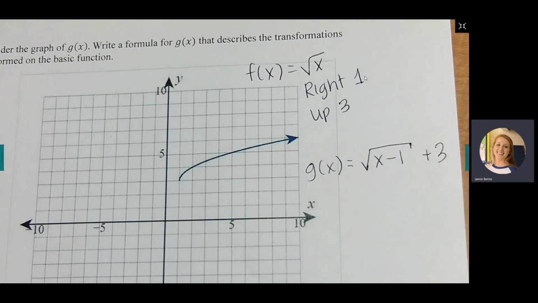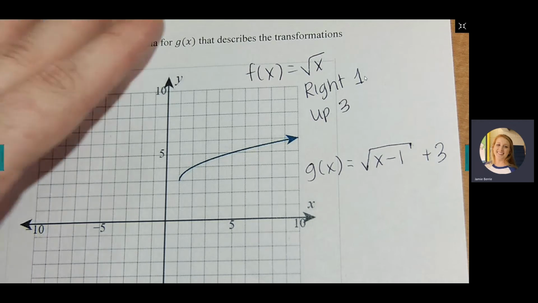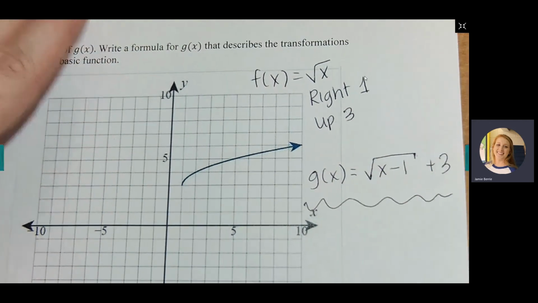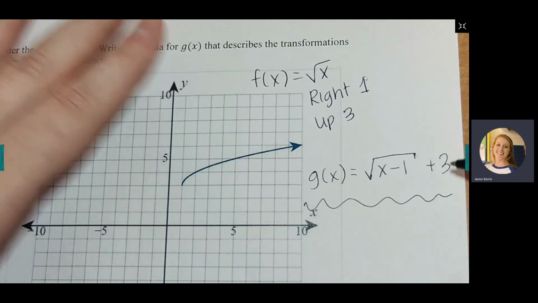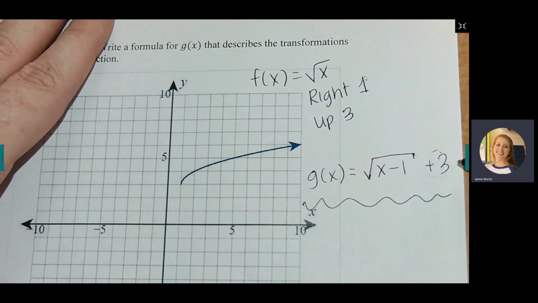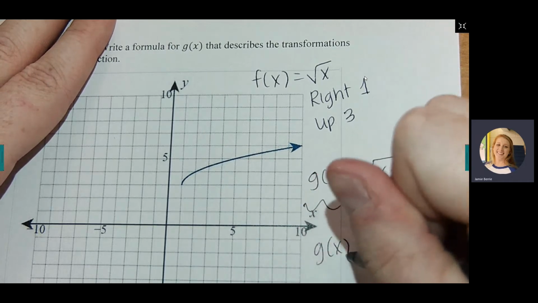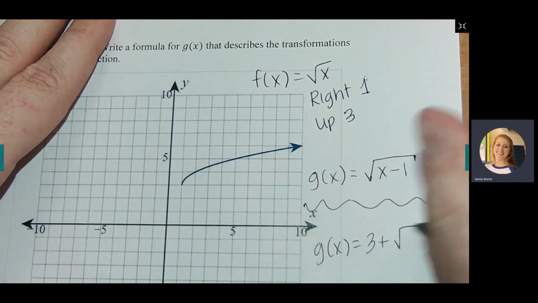Now let me just show you one thing that they sometimes do in the homework. It's really annoying. I don't know why they do this. They will sometimes put this plus 3 in the beginning. So they'll write it like this: 3 plus square root of x minus 1.